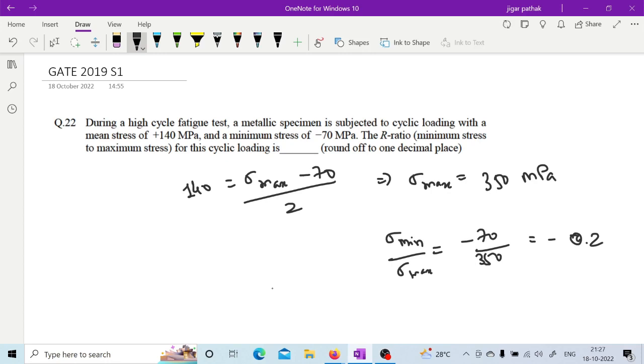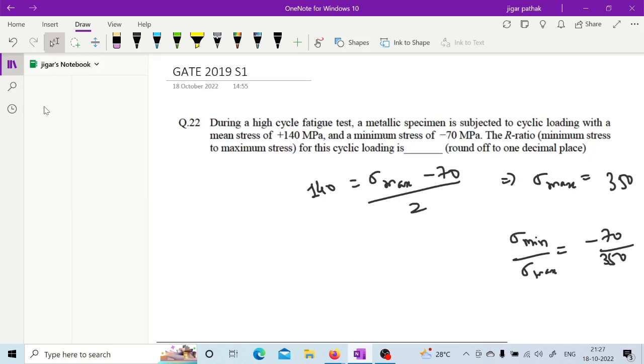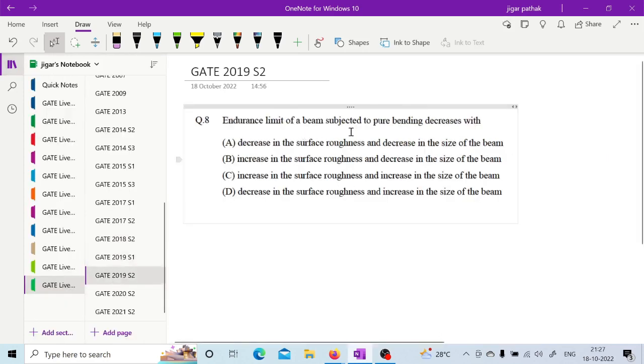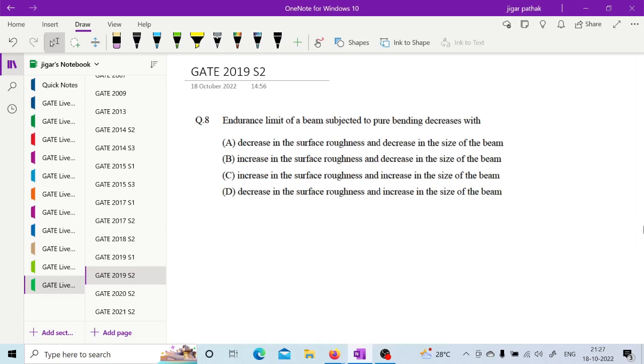Then next: endurance limit of a beam subjected to pure bending decreases with. Can you see this one? Try this one. Will it be increase in the surface roughness and increase in the size of beam?